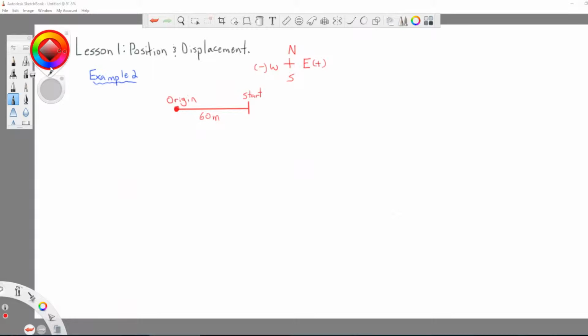Let's choose blue here. The question says that we're going to move to a location 40 meters west of the origin. Well, we're already 60 meters east of the origin. We're going to be moving all the way over here.